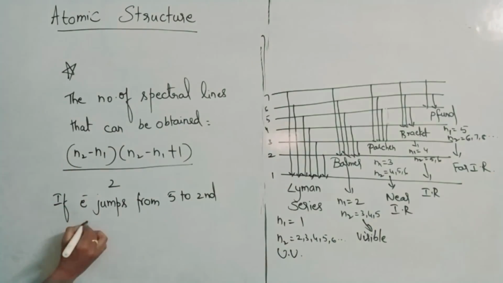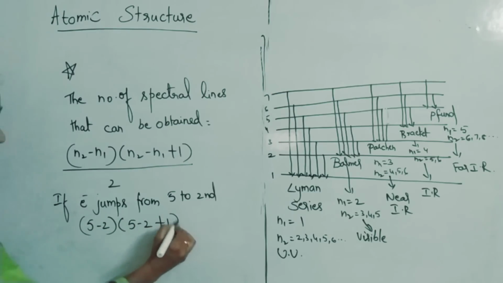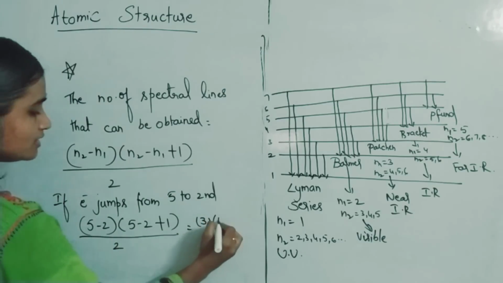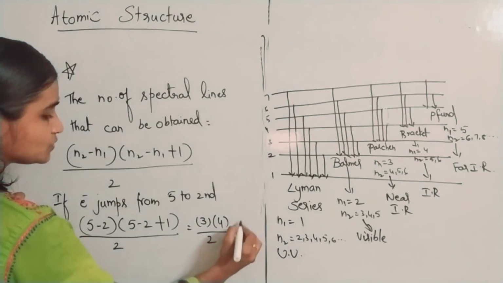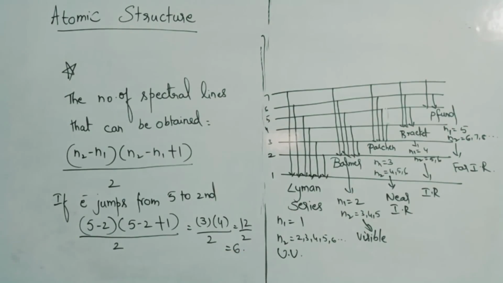Then in place of N2 you take 5, in place of N1 you take 2: 5 minus 2 into 5 minus 2 plus 1, whole divided by 2. So 3 into 4 by 2, 12 by 2, which gives you 6 spectral lines. If an electron jumps from the 5th orbit to the 2nd orbit, you will get 6 spectral lines. That you can measure like this.